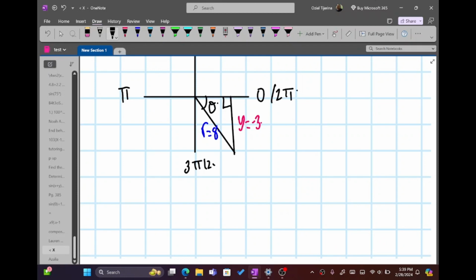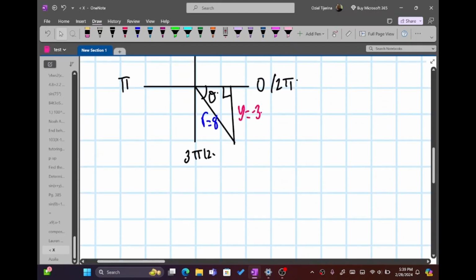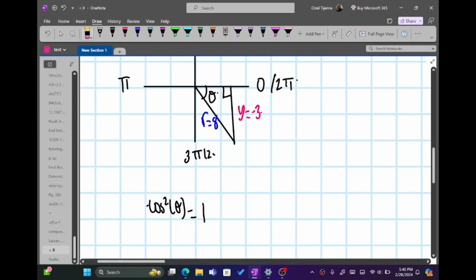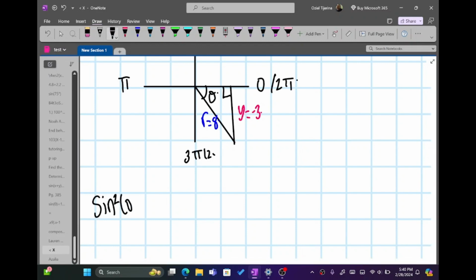Just to show y'all, I'm going to do this pretty quickly. Sine squared theta plus cosine squared theta equals 1. Let me do this as quickly as I can. So this is the Pythagorean identity.